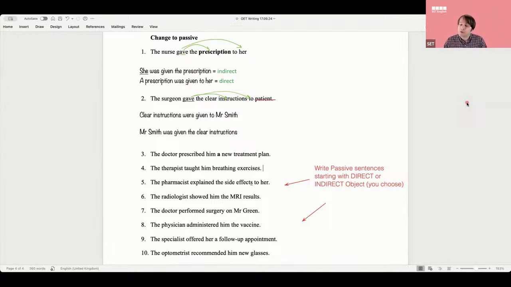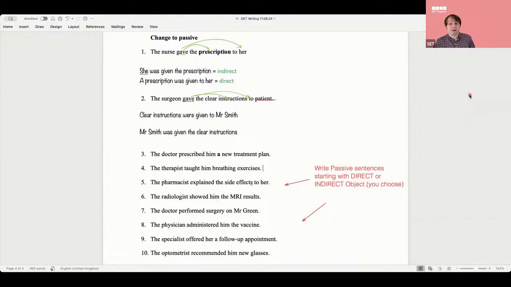Hamid, a new treatment plan was prescribed to him. Okay, good. Kim, you can't speak from now on. That's fine. Thanks for letting me know after I shouted. Sonia, breathing exercises were taught to her. Okay, good. Patience, yes, breathing exercises were taught to him. Yeah, good. So we can say breathing exercises.